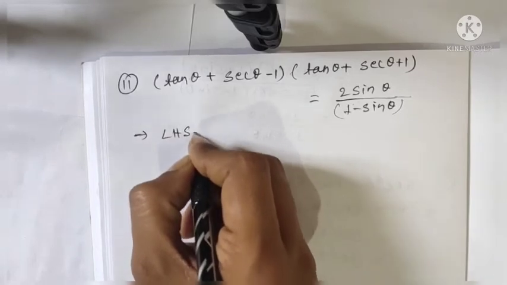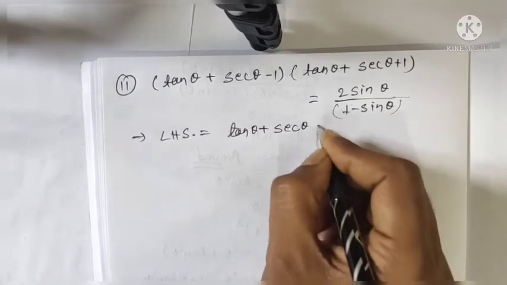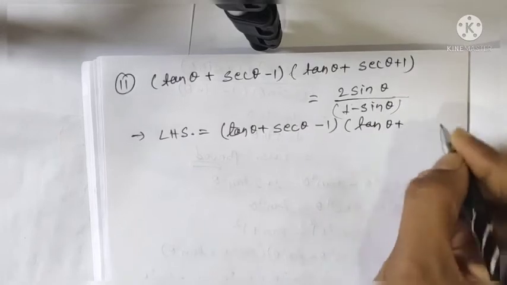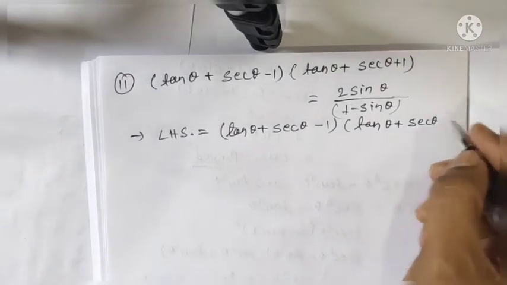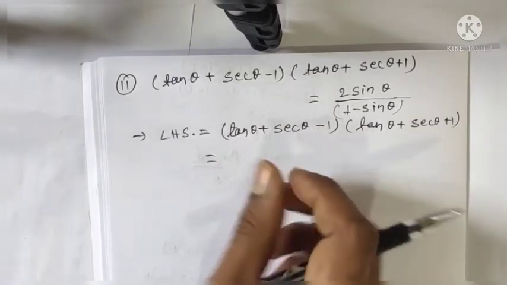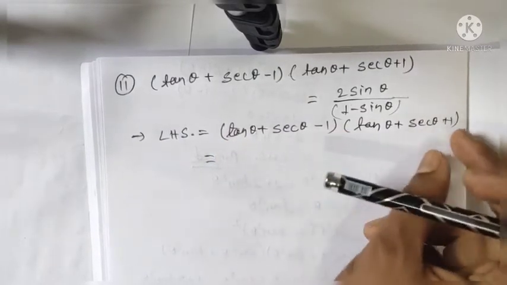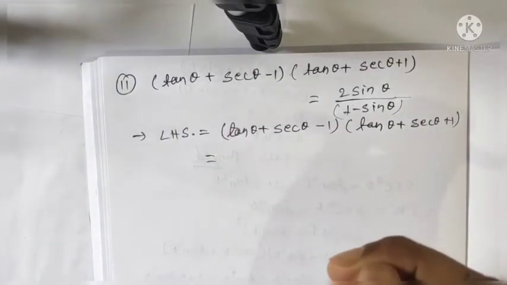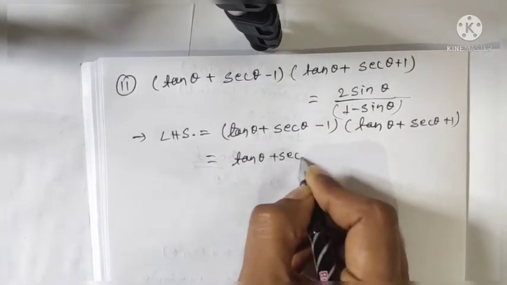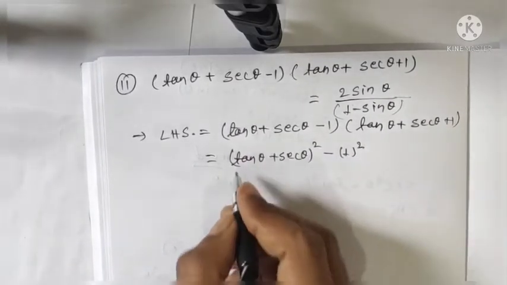Hence LHS is equal to (tan theta plus sec theta minus 1) into (tan theta plus sec theta plus 1). So it will be, just take this as a term, so it will be (a minus b) into (a plus b). Hence it will be (tan theta plus sec theta) whole square minus 1 square.